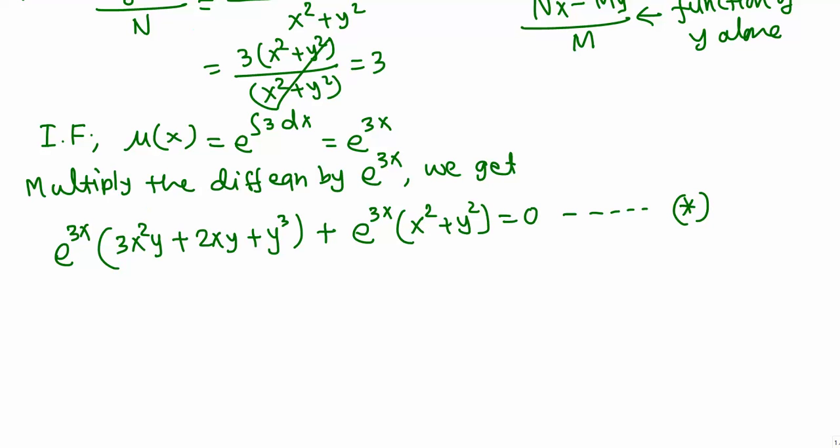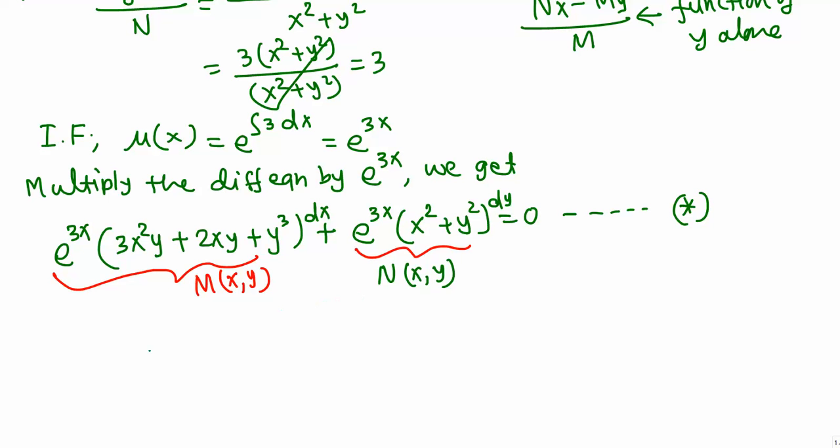We can check. Now our M and N are updated, so this is M as a function of x, y, and this is, so I forgot to write, it should be dx, this should be dy. Okay, this is N. Let's find the partial derivative of M with respect to y, and the partial derivative of N with respect to x, and they should be the same.